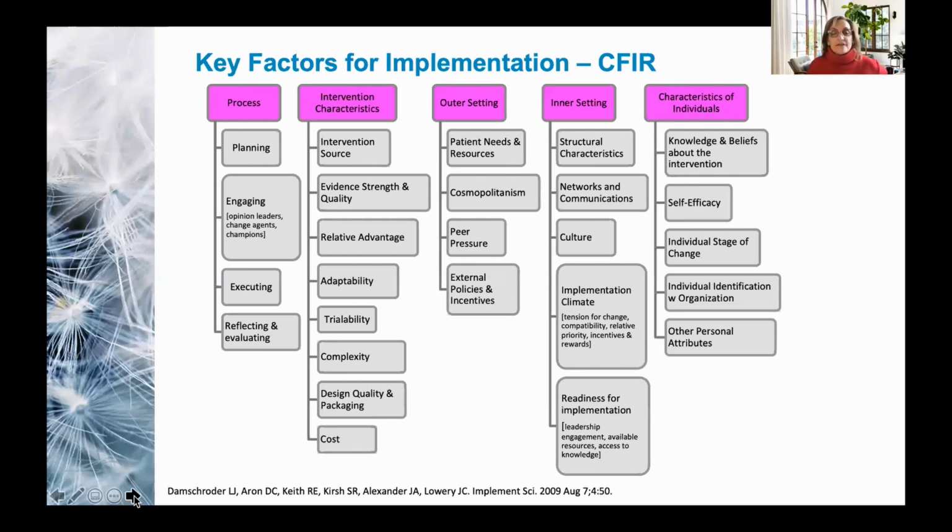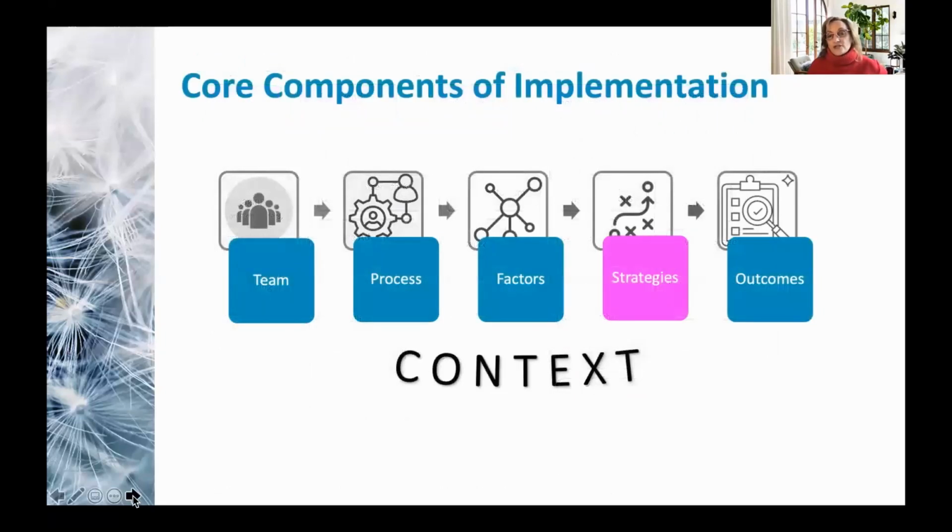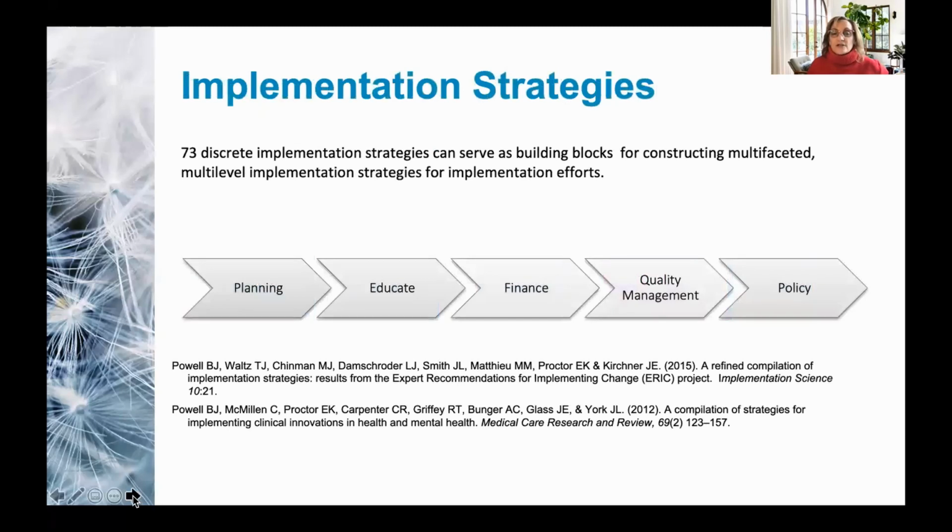And when you identify a barrier amongst all of these factors, that sets you up for the next core component, which is to think about strategies. Strategies help you mitigate the barriers. And the implementation strategy work, and here I credit Byron Powell and many of our colleagues in the United States, doing syntheses of the research on implementation strategies.